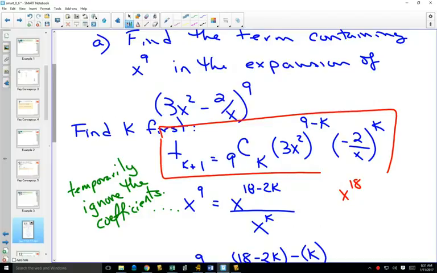When k is 1, I would have x to the 16 on top and x to the 1 on bottom, leaving me with x to the 15. And if I would do term 3, k would be 2, which would give me x to the 14 on top, x squared on bottom, which simplifies to x to the 12.